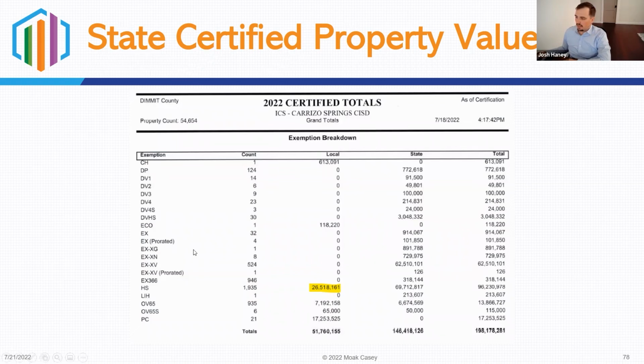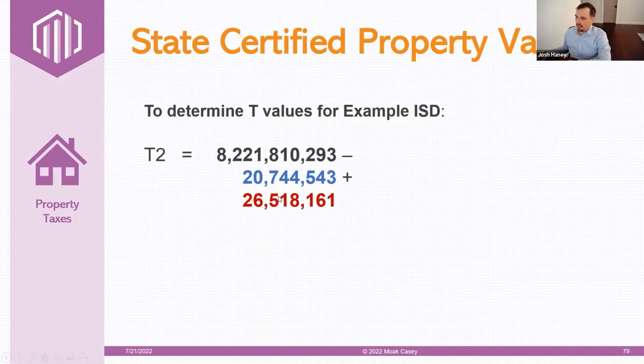Once you find that number, this is what you would have entered into the local property value survey for tax year 22. You should already have found this number, so you just grab it again and plug it in here. So we're doing 8.2 minus 20.7 million, that's the freeze loss, plus the 26.5 million in local optional homestead exemption.